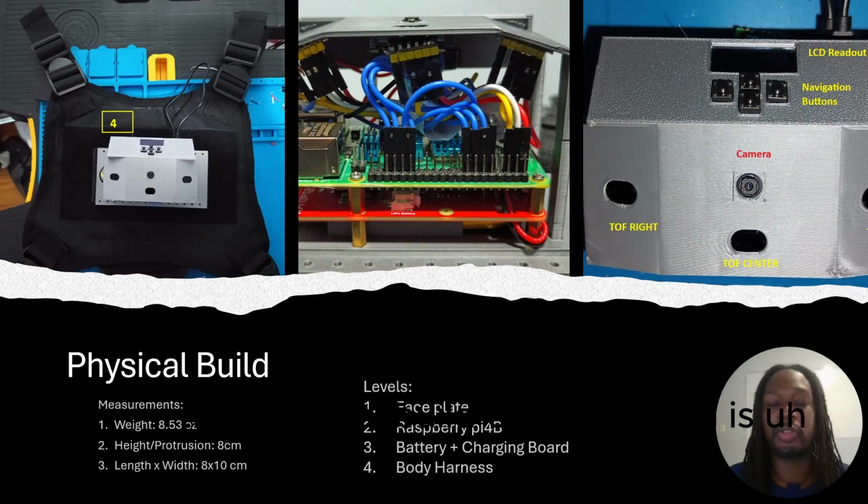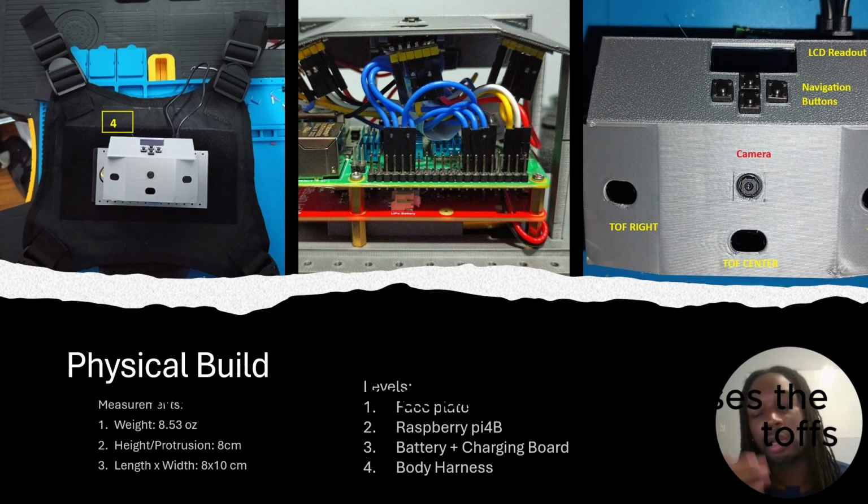The physical build of the system is housed in a 3D printed case. As you can see on the far right, we have the faceplate, which houses the TOFs, the camera, navigation buttons, and LCD readout. That way we know which mode we're currently in while we're operating the system without having to remote into the system.